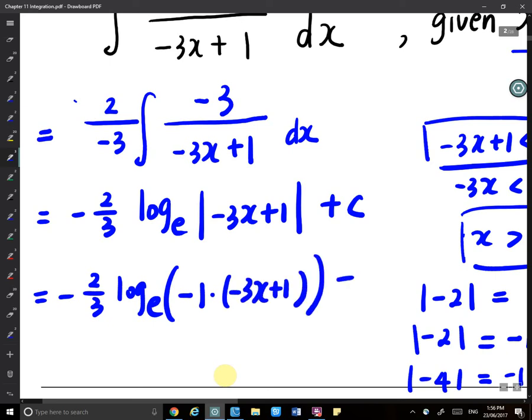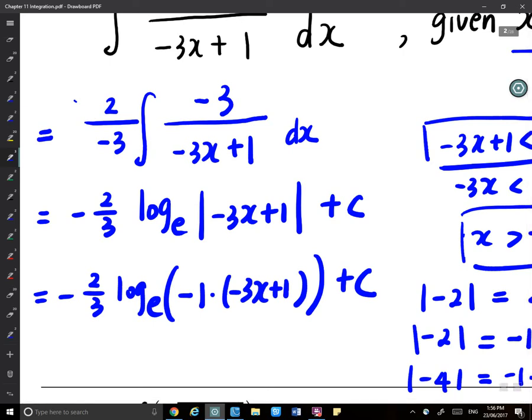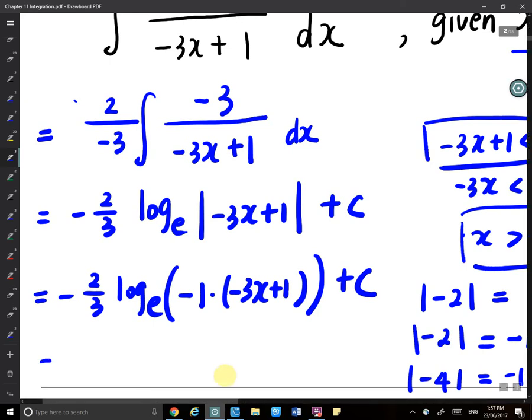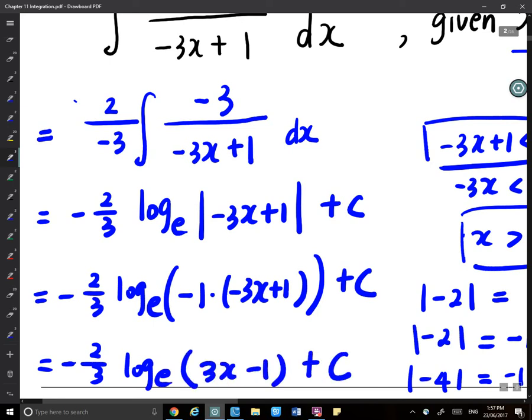Because I already know this is a negative number, I negate it again to make it positive. You can only put a positive number into log. So therefore, that's -2/3 log e of (3x minus 1) plus c. That will be your final answer.